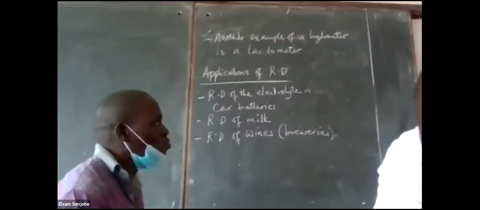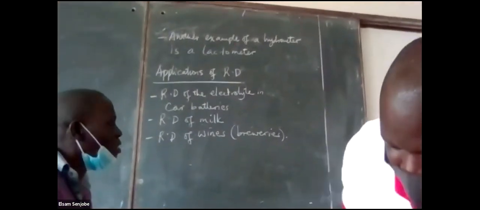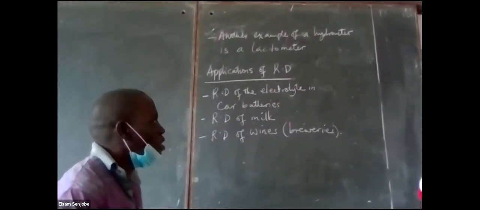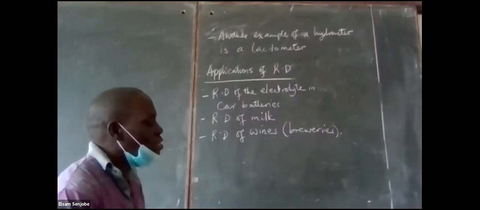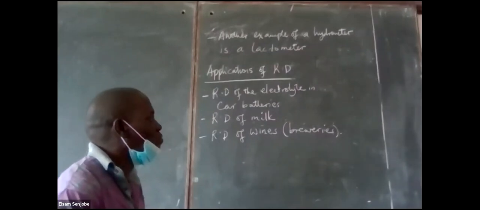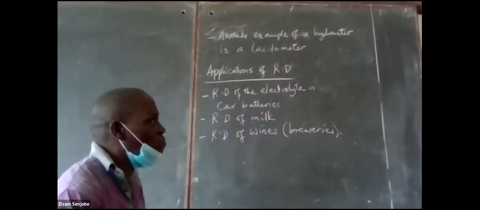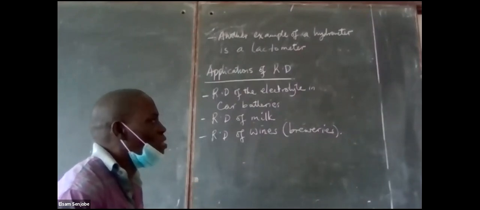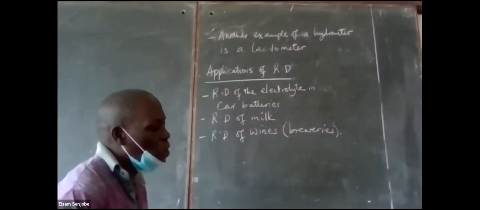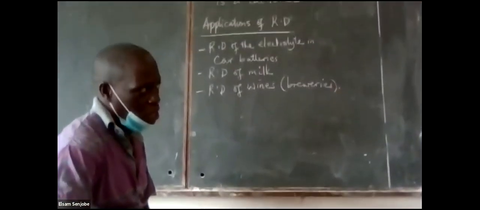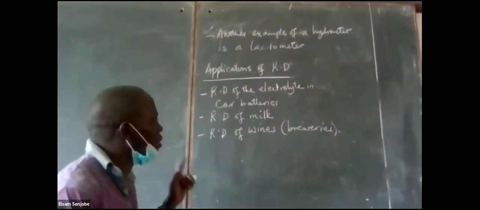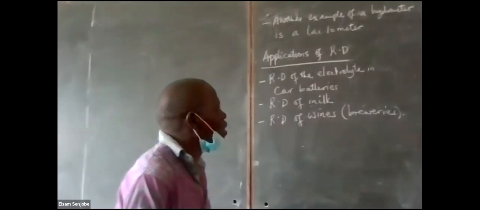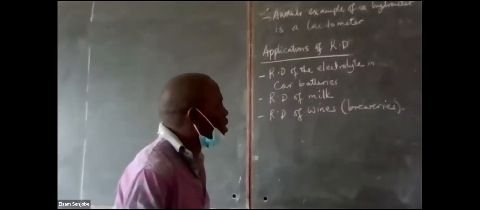Because if the battery is no longer functional, in most cases the relative density of the electrolyte held in the battery has fallen below recommended values. It is no longer the correct value of relative density that is required for your battery to function properly. So that is one type of liquid where the relative density is required: the electrolyte in a car battery.